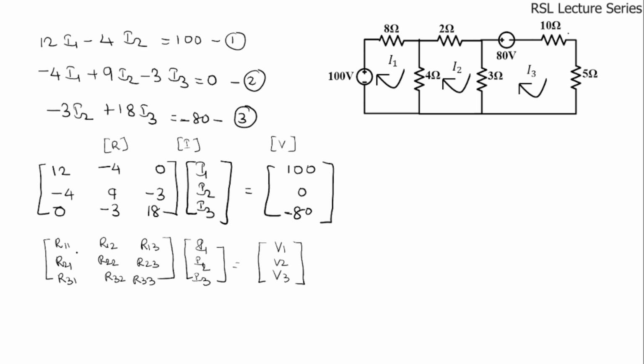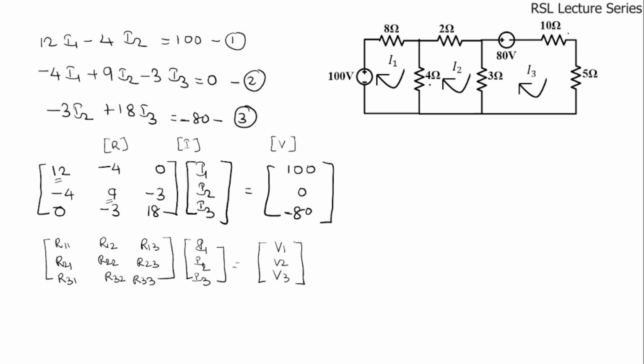Okay. So here the diagonal elements R11, R22, R33 are the sum of the resistors in the individual meshes. If you see here, in mesh 1 we have two resistors, 8 ohms and 4 ohms. If we add these two, 8 plus 4 is 12. This is R11. Similarly, R22 is the sum of the resistors in mesh 2.